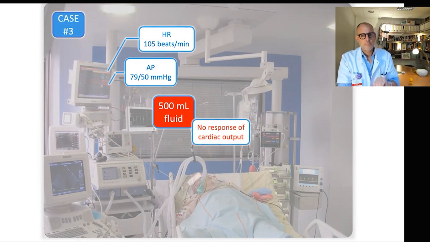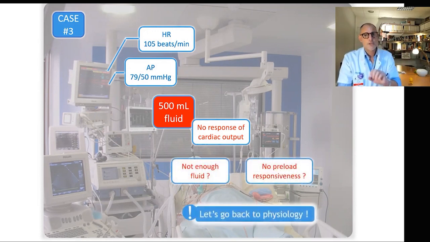You give 500 milliliters of fluid to this patient, for instance. There is no increase in cardiac output. What does it mean? That there is no preload responsiveness, that the ventricle did not increase cardiac output? Or does it mean that there was not enough fluid, that you should go on with fluid administration?